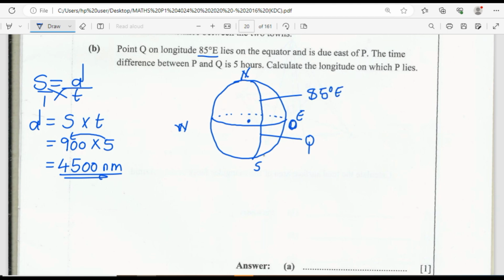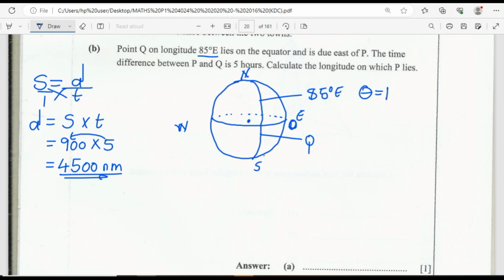Okay, so now how can we find the longitude on which P lies? Since we are given the time difference between the two towns, we can find the theta, or the difference. How do you find the difference given the time? You just have to multiply 15 times the number of hours.